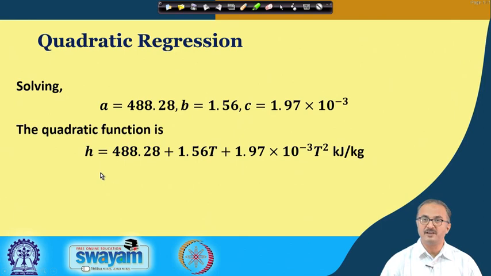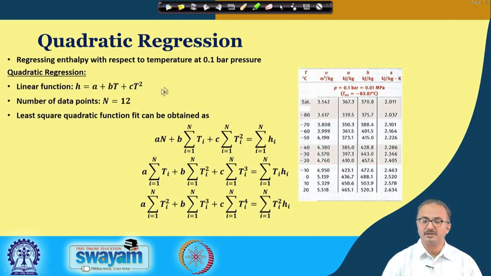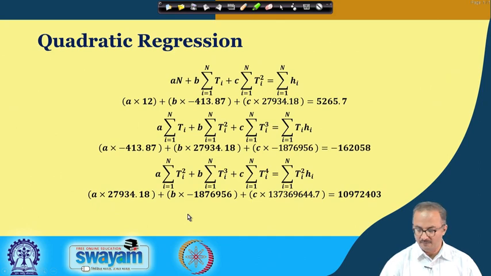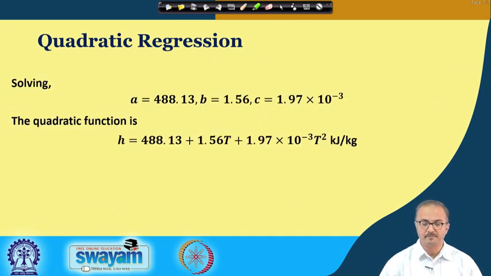Similarly, we take other pressures like 0.1 bar, put in the values of the various coefficients, and get the values of A, B, C like this.